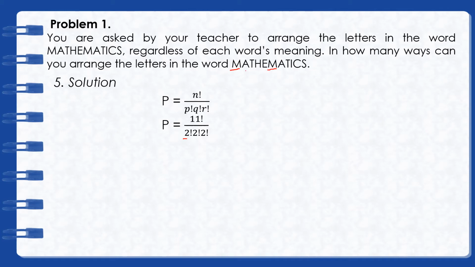We have 2 letter A, so it is for another 2 factorial. And as you can see here in the word mathematics, we have 2 letter T, or T is written twice. So again, in our denominator, we have 2 factorial multiplied by 2 factorial multiplied by 2 factorial.